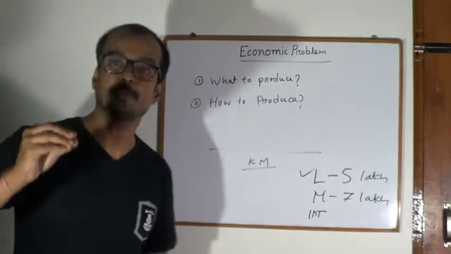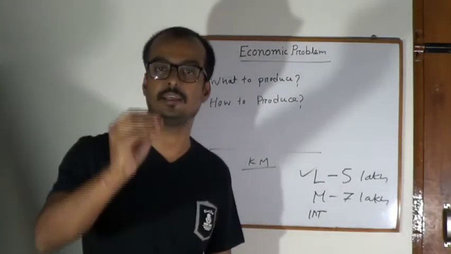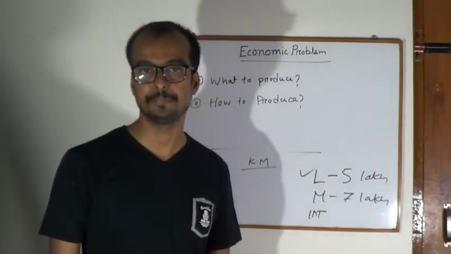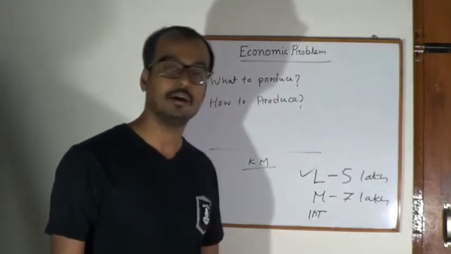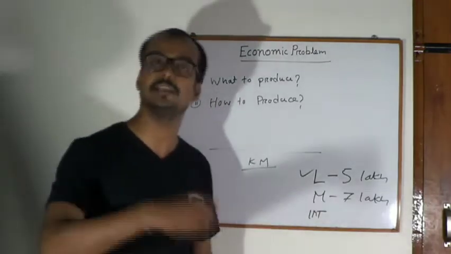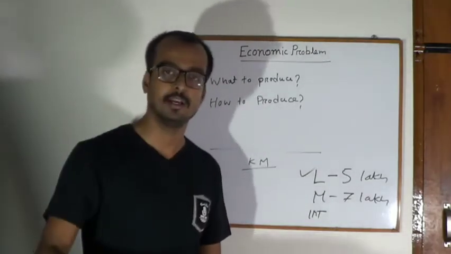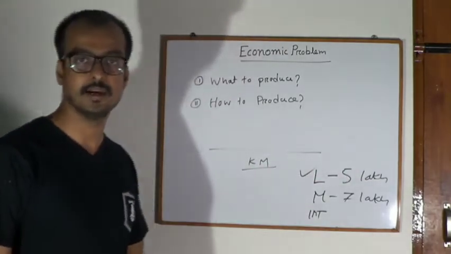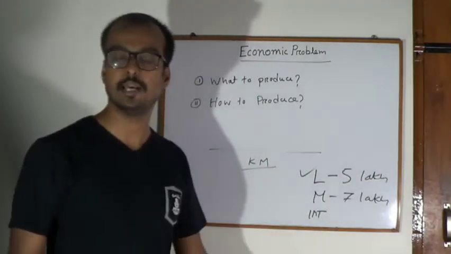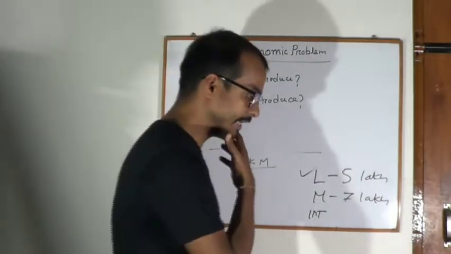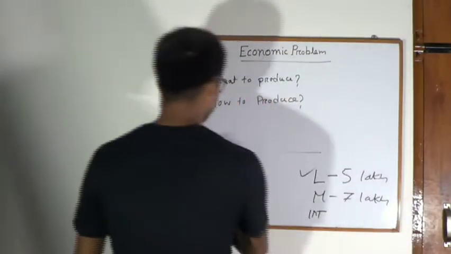Whichever option will cost you less, you will go by that option. So the second problem is how to produce anything, good or service. That will depend on this condition: the one which is cheap, where your cost will be less, you will apply that particular method.